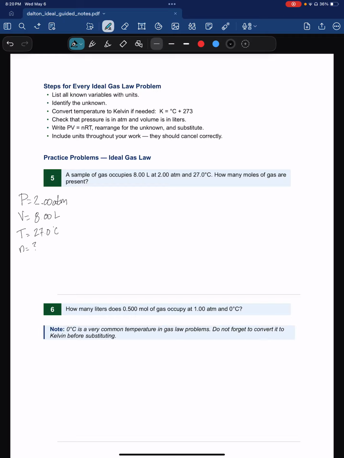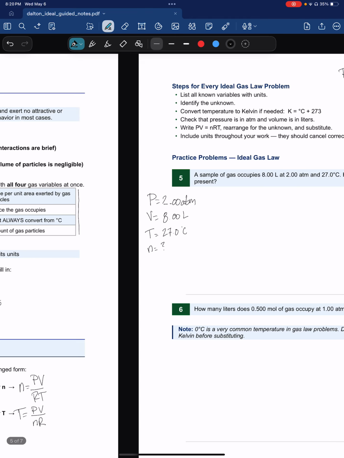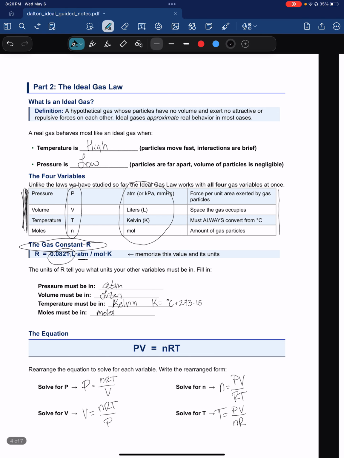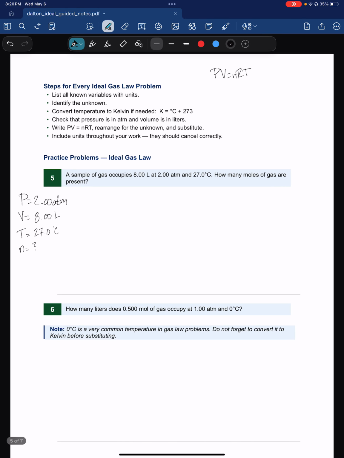Great. For your reference, what you might want to do at this point is write the ideal gas law up here. PV equals nRT, PIV-NERT. Also, if you don't remember what the gas constant is, you're going to want to write it down.